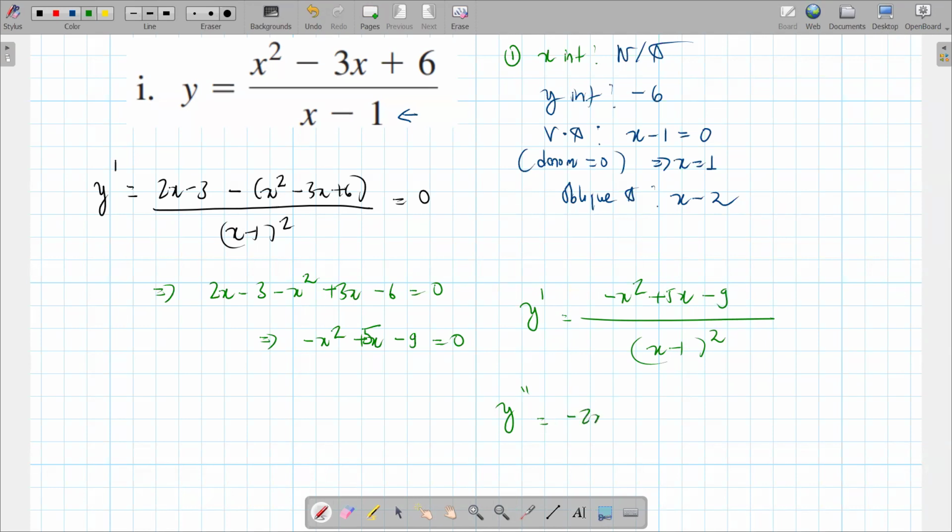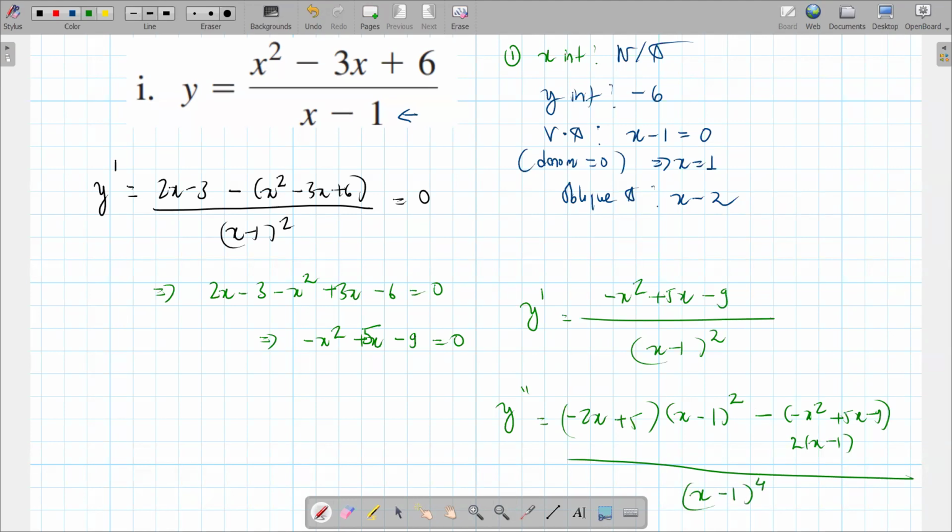It'll be negative 2x plus 5 times x minus 1 squared minus negative x squared plus 5x minus 9 times 2x minus 1. Okay, this is getting complicated. And this becomes x minus 1 to the power of 4.